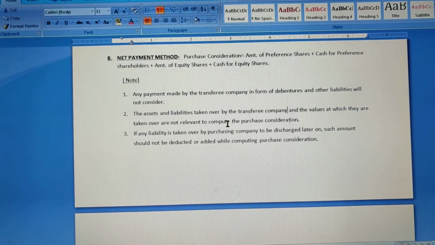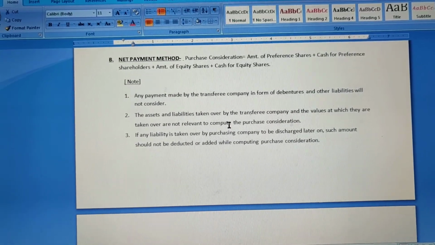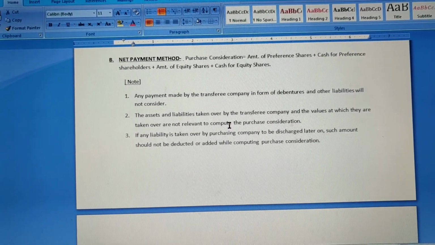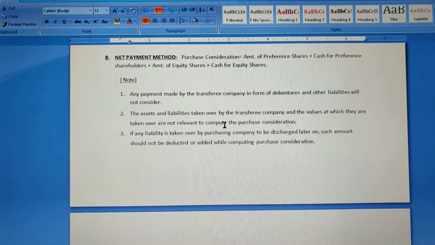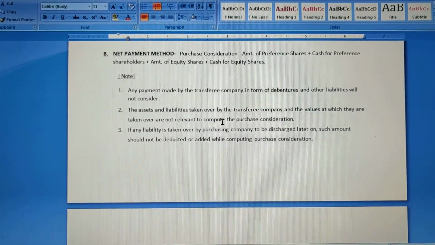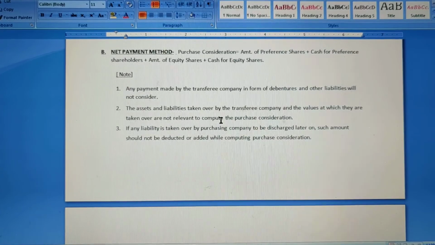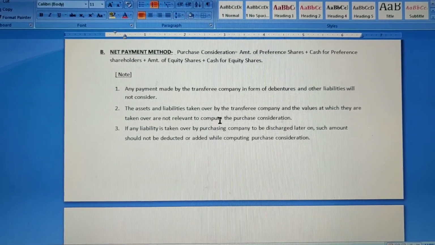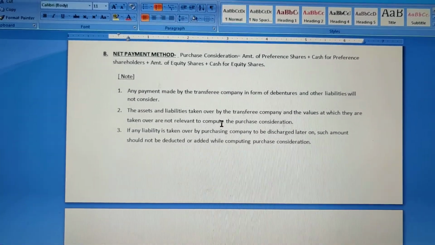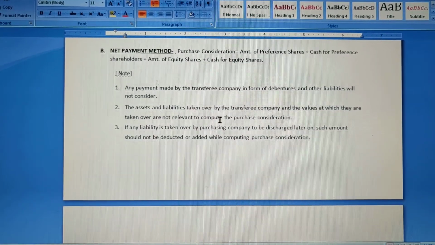Like if in the question it is given that a particular asset like furniture or land or building is agreed to be taken over at this amount, it may be a bigger or smaller amount than the fair value, the book value, you can say.